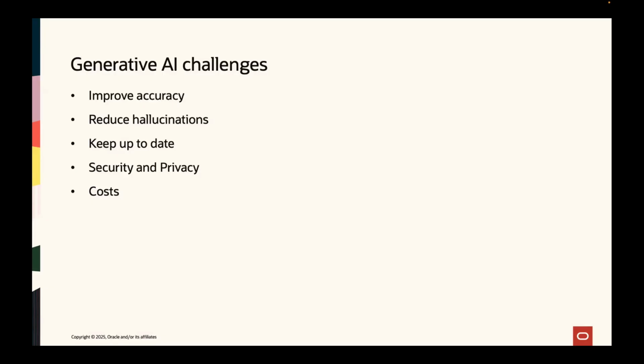Another area is obviously corporate documents. You want that to be secure and private and remain within the confines of your organization or within your data center. And finally, training an LLM, there are various ways.